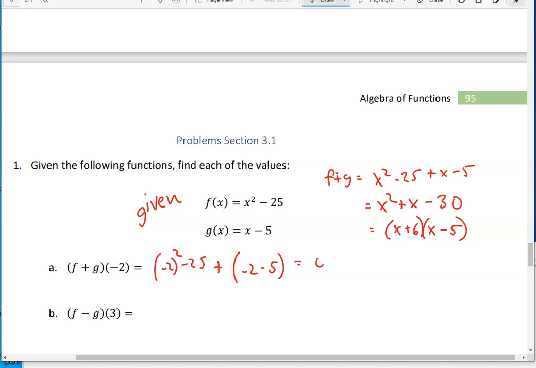I get 4 minus 25 plus, well, let's just add these together, and then we'll add it, plus a negative 7, or a minus 7. So 4 minus 25 gives me negative 21, and subtract another 7 gives me a negative 28.